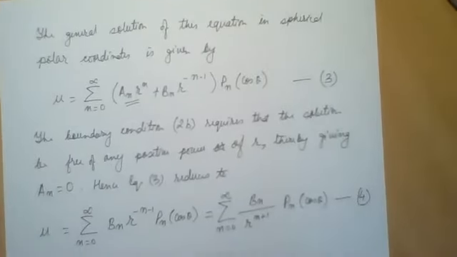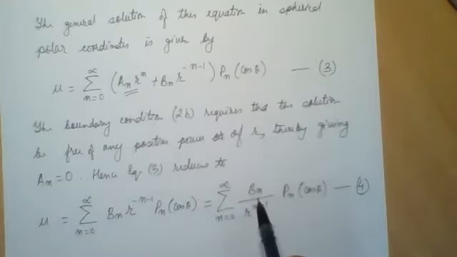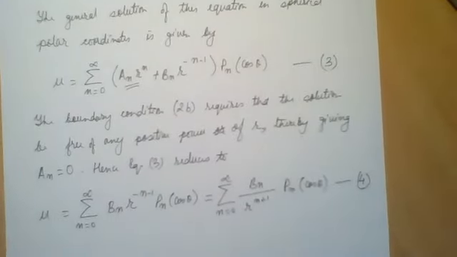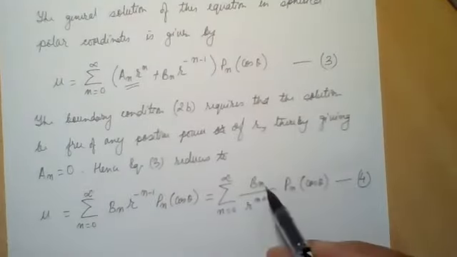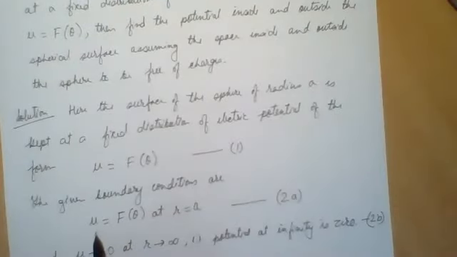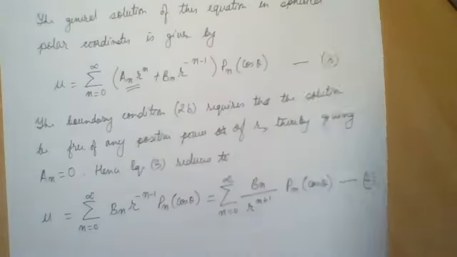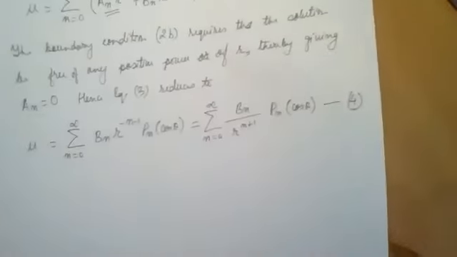Okay. Then how do we determine this unknown constant Bn? This unknown constant Bn is determined by using the first boundary condition. That is, U is equal to f of theta at R equal to A. So let us calculate Bn.